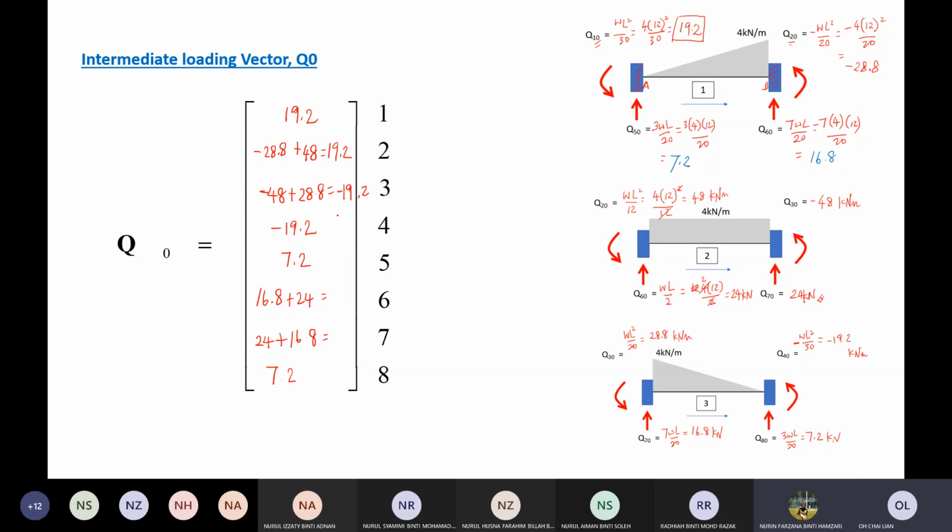Okay, so this one 40.8, so it will be the same with Q7 as well. Okay, so we have done the Q naught. You need to familiarize yourself with the process very well, so that without thinking so much, you can produce it. Well done, class.